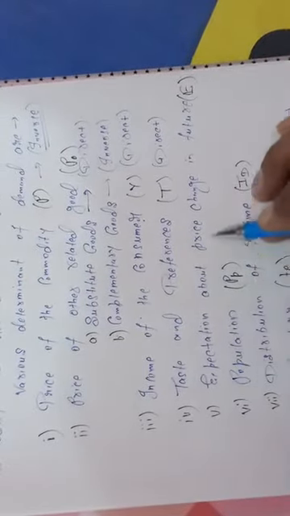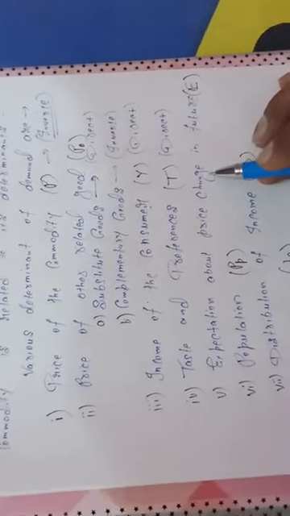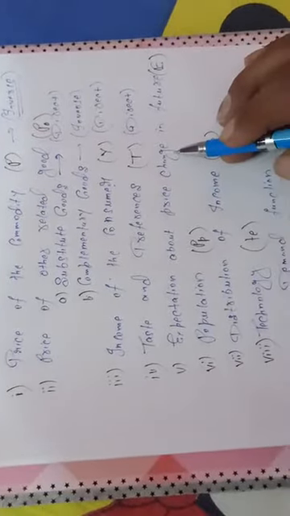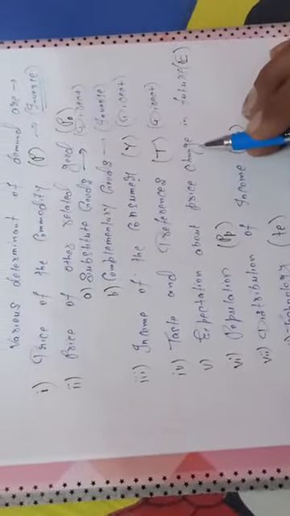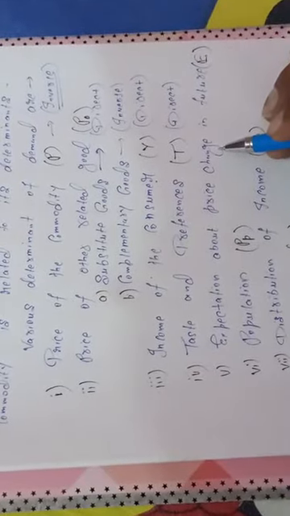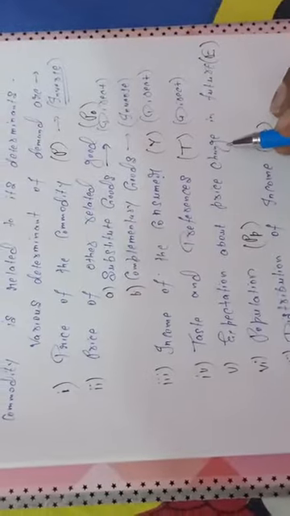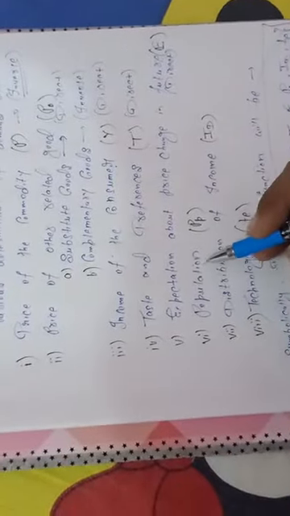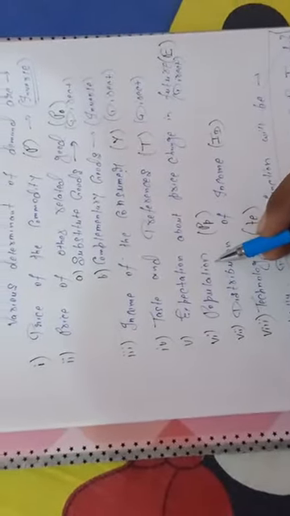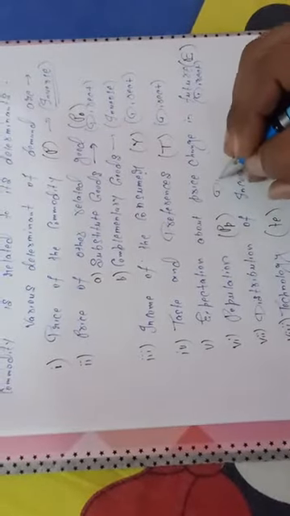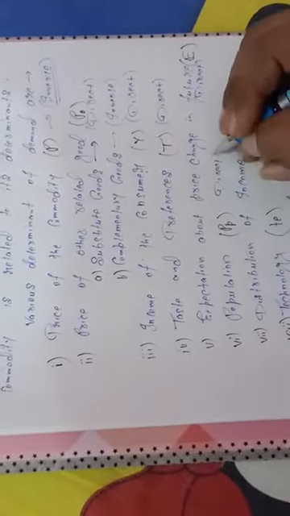Next one is expectation about price change. If consumers think that there will be an increase in the price of the commodity in future, then today its demand will increase. So there is direct relation. And population: if in any country or any other place the population is more, then there will be more demand. So there is direct relation.